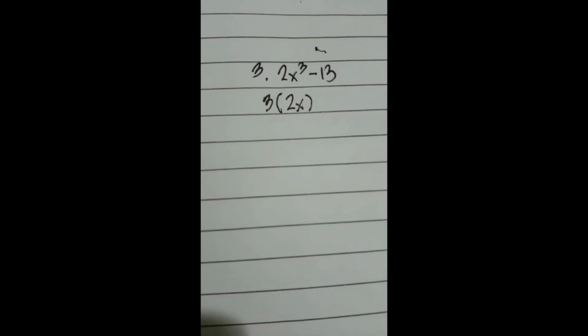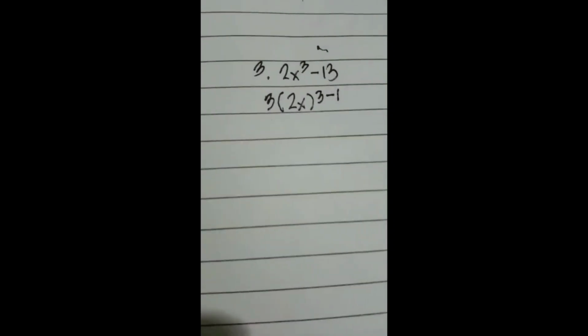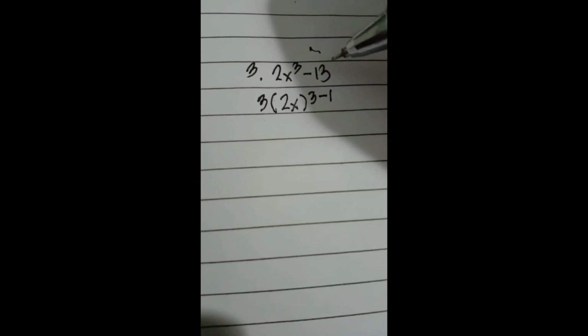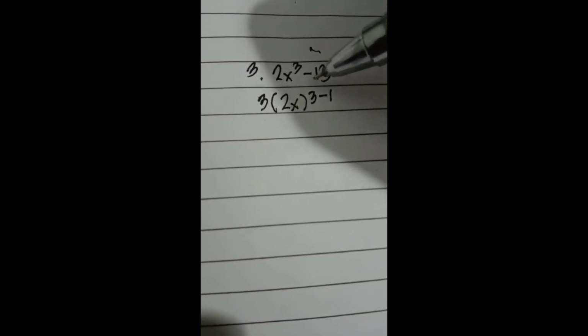Then, huwag niyong kakalimutan na i-copy pa rin ang ating exponent but mag-insert kayo ng -1. So, ang ating constant na 13, i-disregard na natin siya since sa rule ng derivative, kapag constant is considered as 0. So, disregard na natin yan.